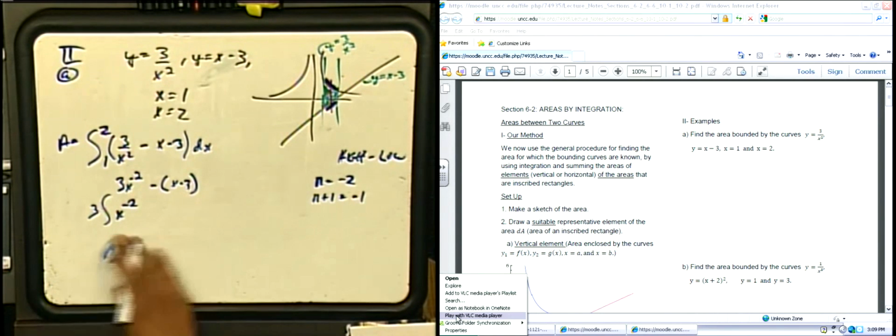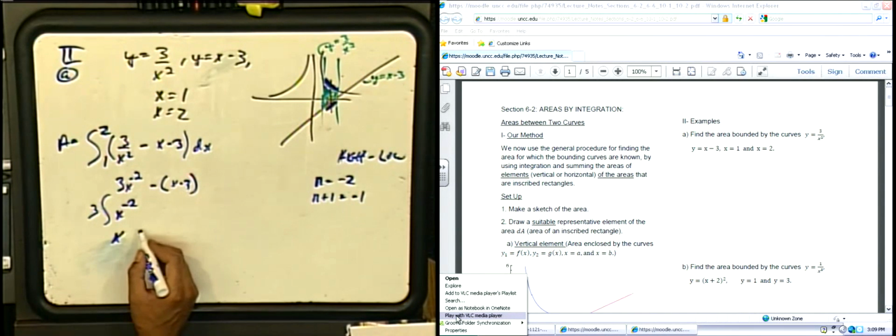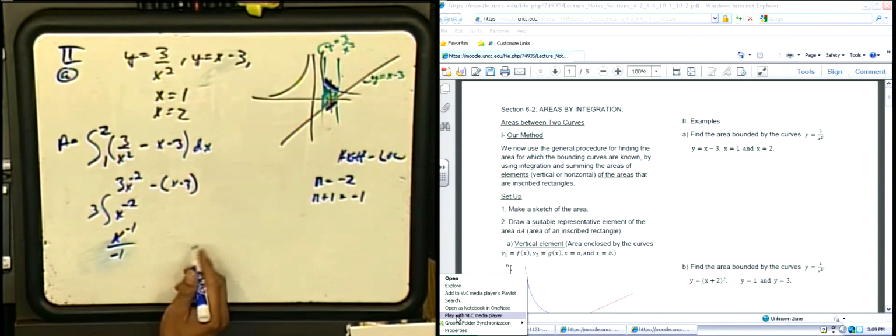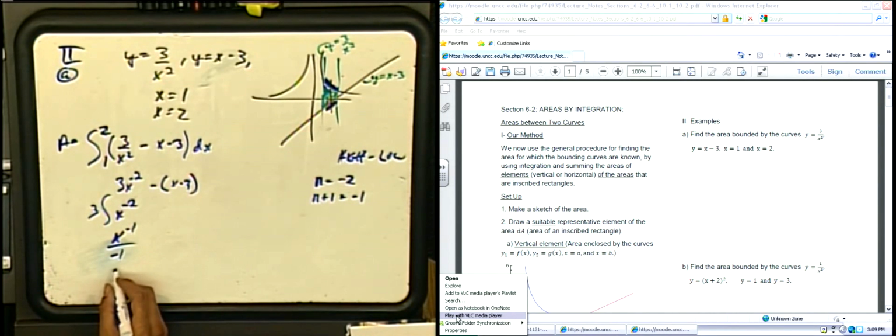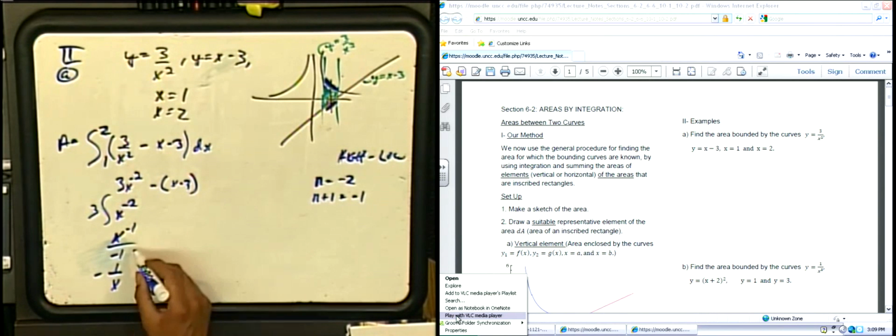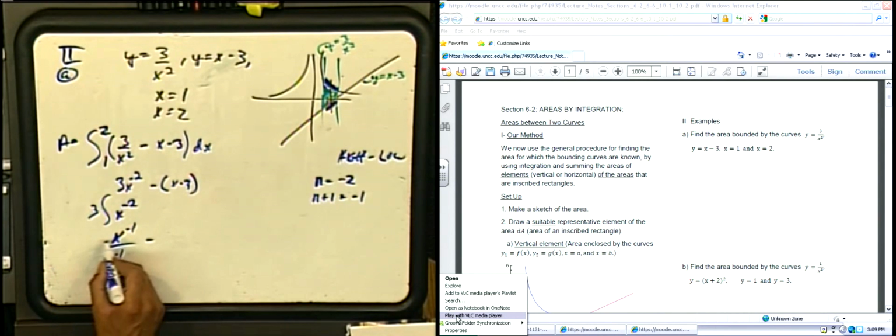So x to the negative 1 over negative 1, which equals negative 1 over x. So that'd be 3 times that negative 1 over x. Bring down that constant that you took out.